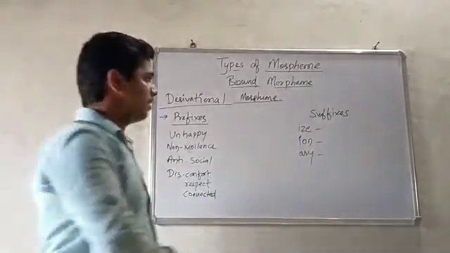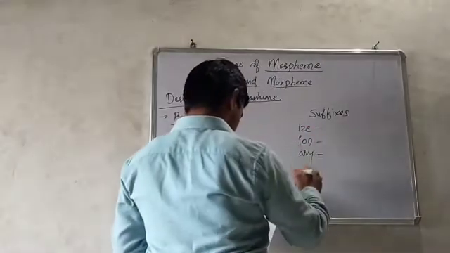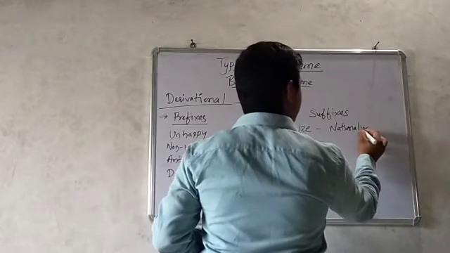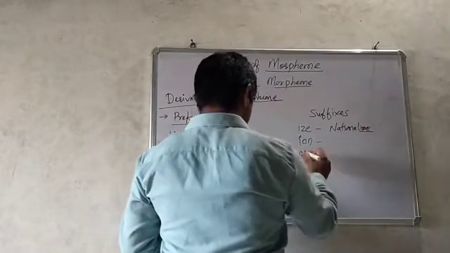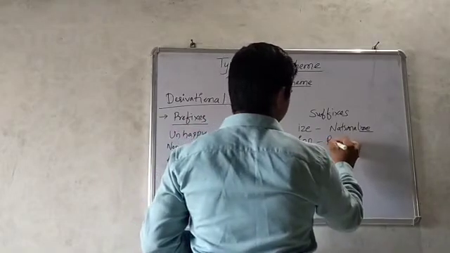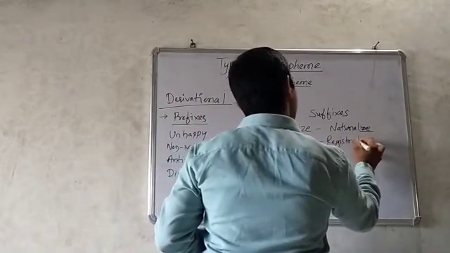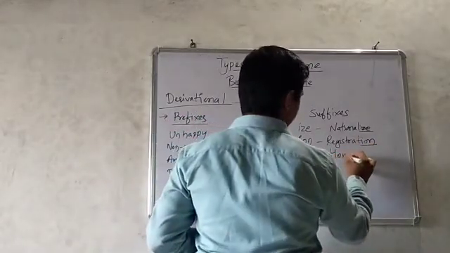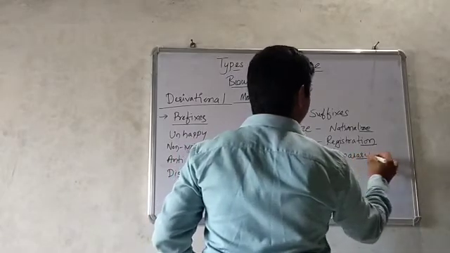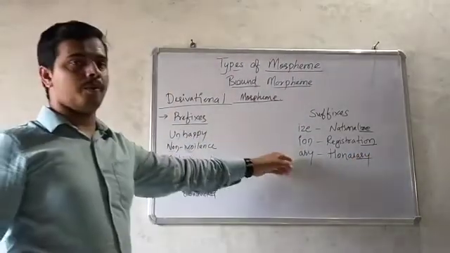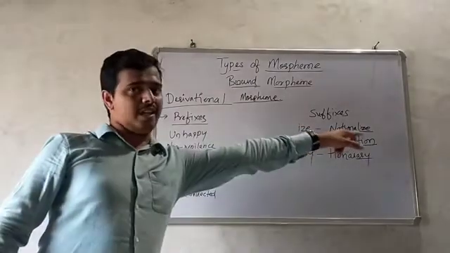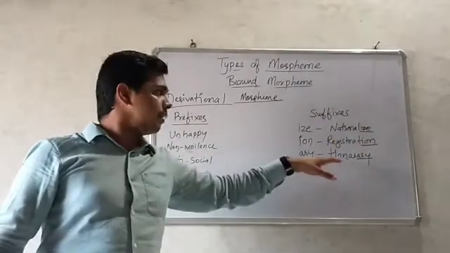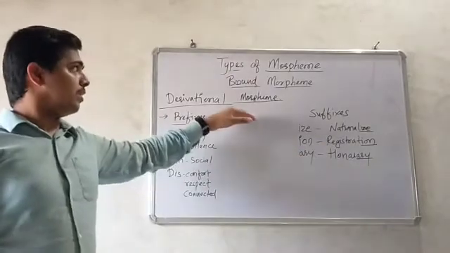The first one is nationalize, I, Z, E. This one is registration, ION, and honorary, ARY. So IZE comes at the end of the word: nationalize, ION registration, ARY honorary.